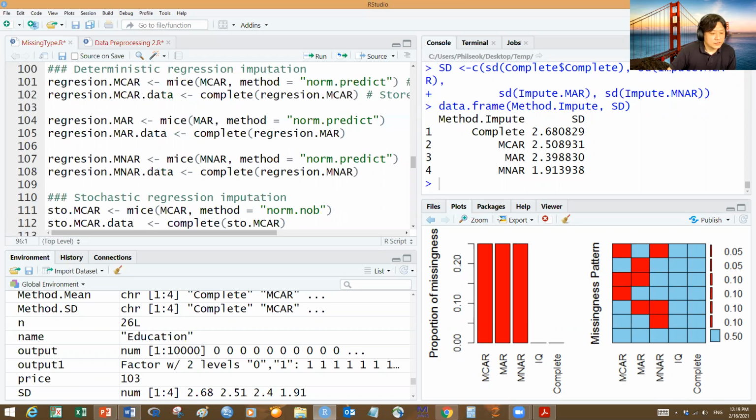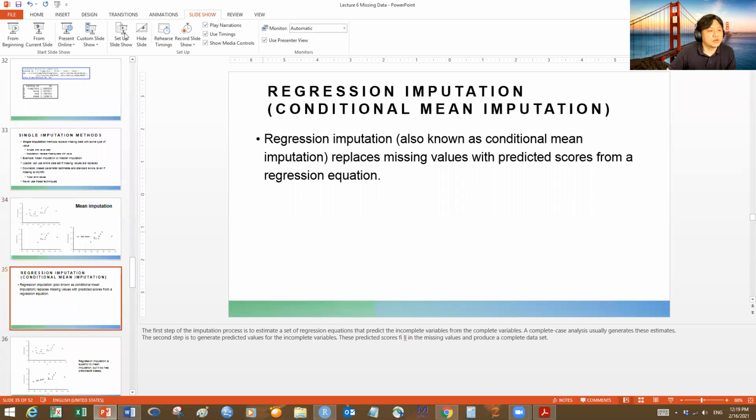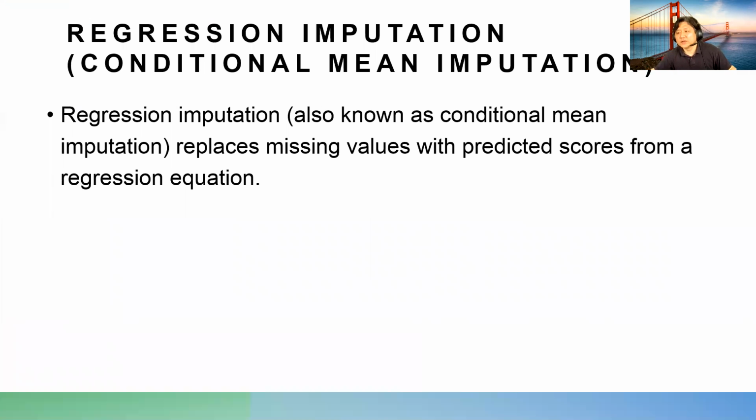Okay, so now we will talk about the regression imputation method. It replaces missing values with the predicted scores from a regression equation.